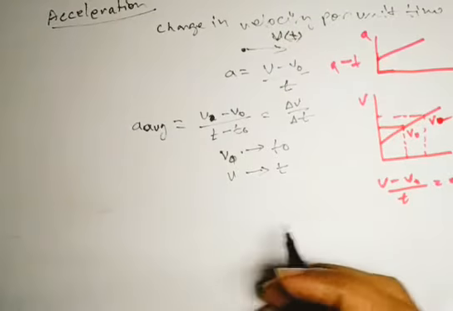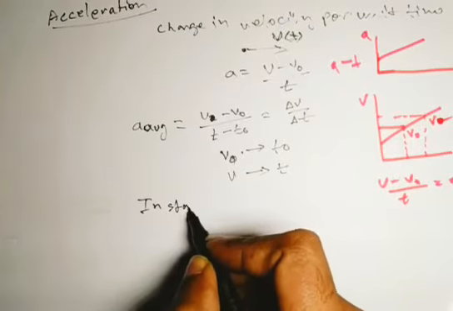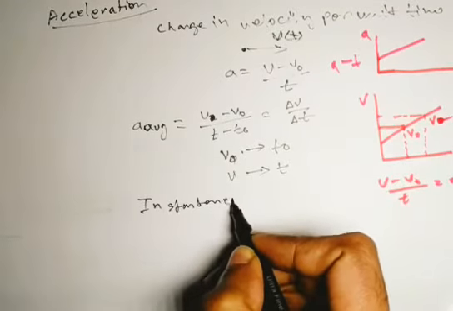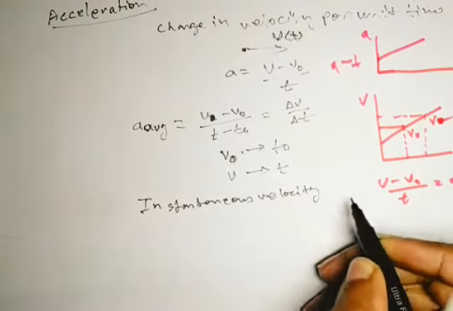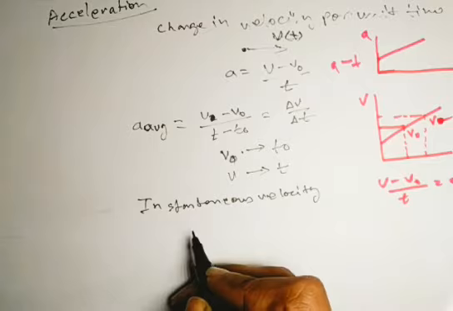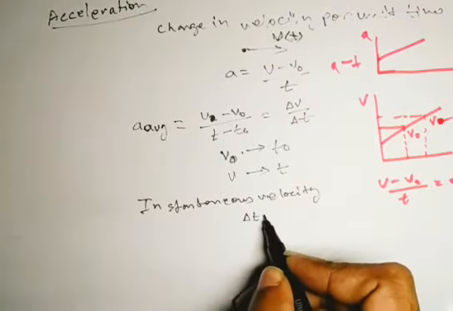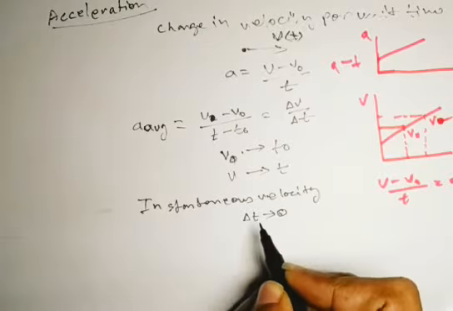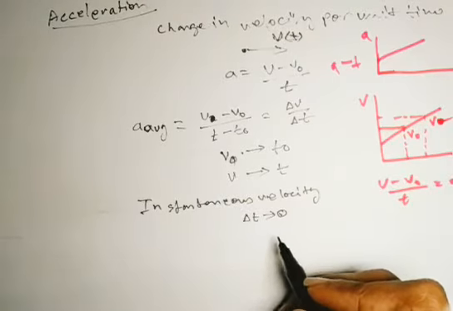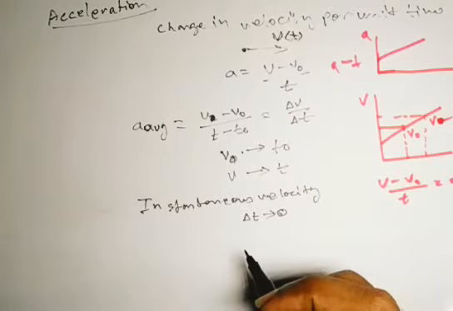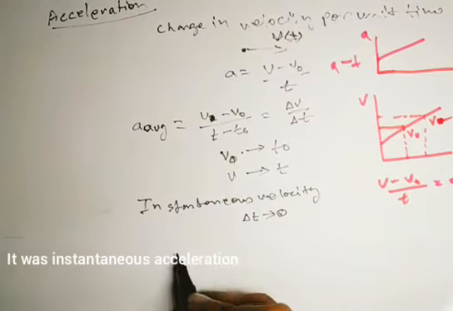So if we want to find out instantaneous acceleration, then we have to shrink the time interval so that it tends to 0, which is close to 0 but not 0, and here we are going to use the limiting value of del t.